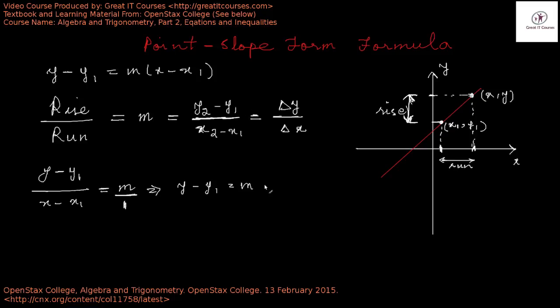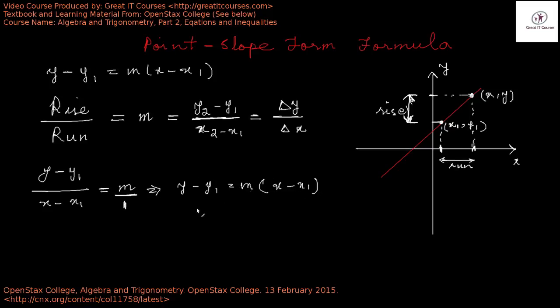So you write this as m into x minus x1, and that's it. That's the formula that we basically introduced in the beginning of this lecture. So y minus y1 is equal to m into x minus x1.